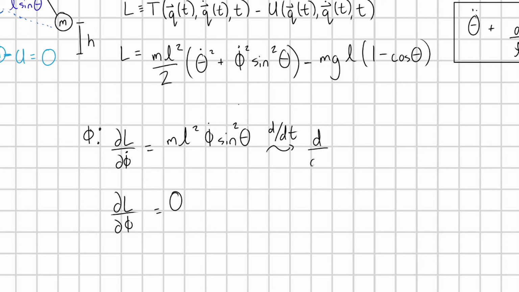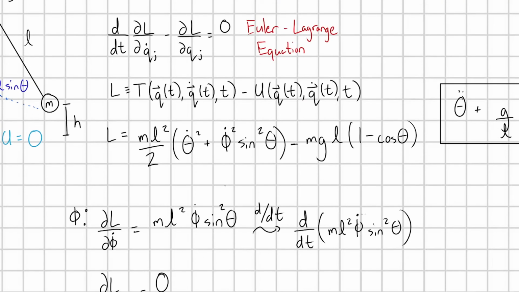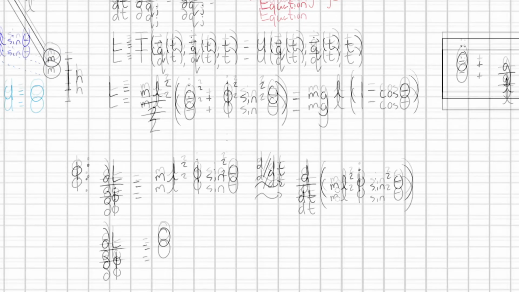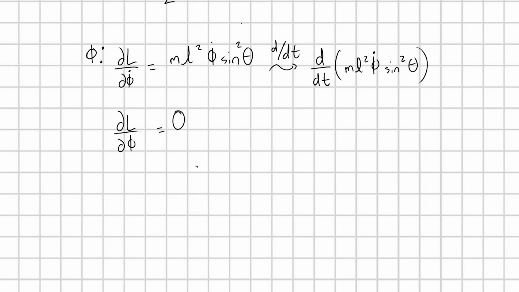I'm going to leave d/dt of ml squared phi dot sine squared theta. Okay, and now we're going to plug our terms into the Euler-Lagrange equation, and we're going to be left with d/dt times ml squared phi dot sine squared theta. This is equal to 0.